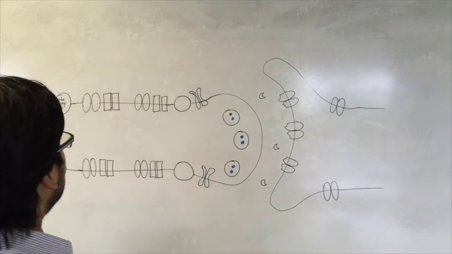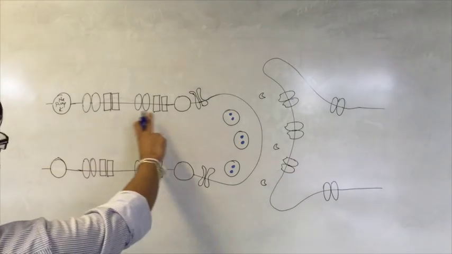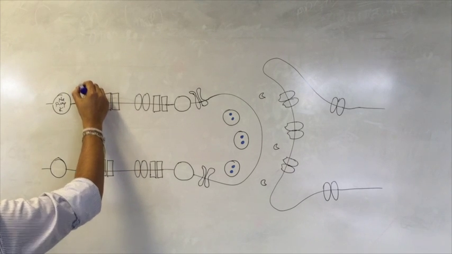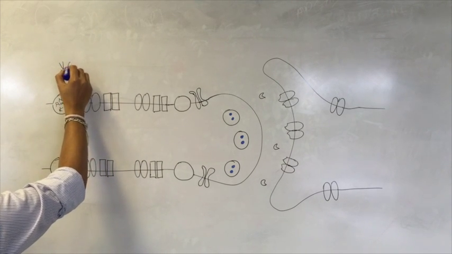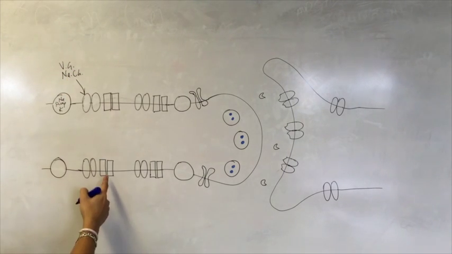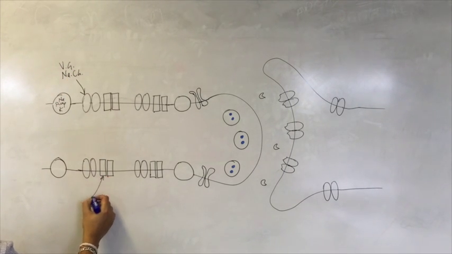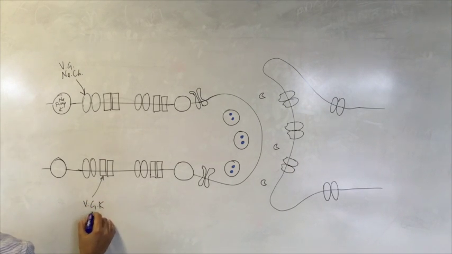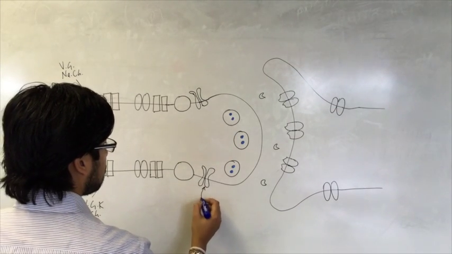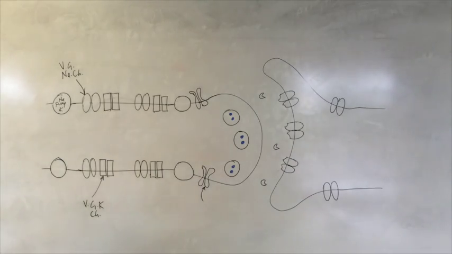Right. So we're happy with the idea that these are voltage-gated sodium channels. These will represent voltage-gated potassium channels. These shapes have no particular significance.